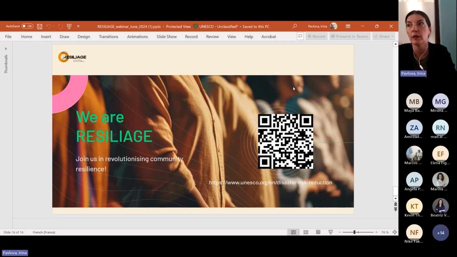How do we involve first responders, how do we keep them engaged, how do we keep communities engaged? We've been questioning ourselves, and this is the reason why we are partnering in the Resiliage project, which aims to create and test methodologies and tools highlighting the role of local heritage in disaster risk management.